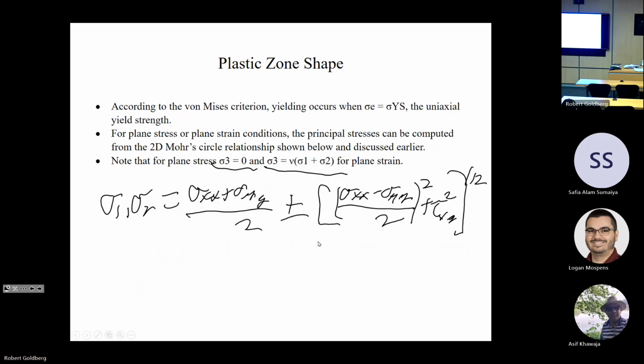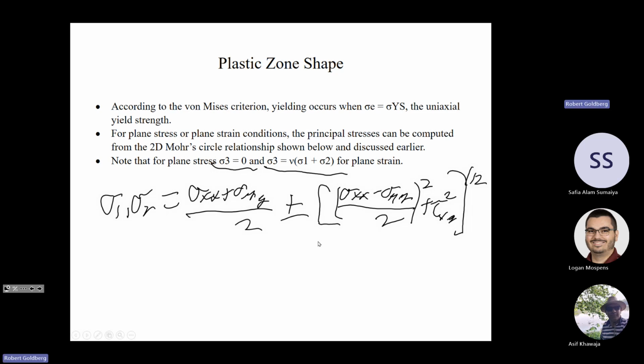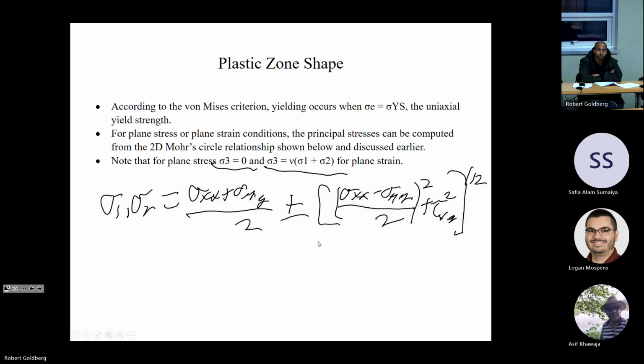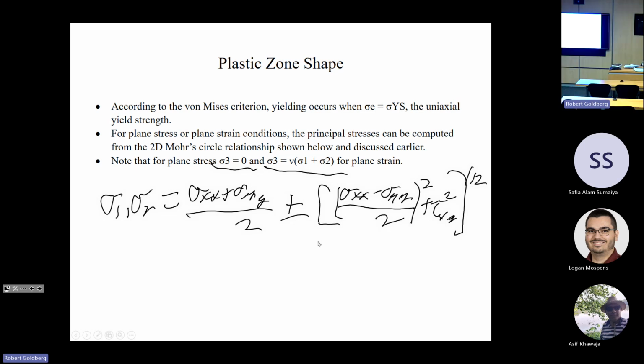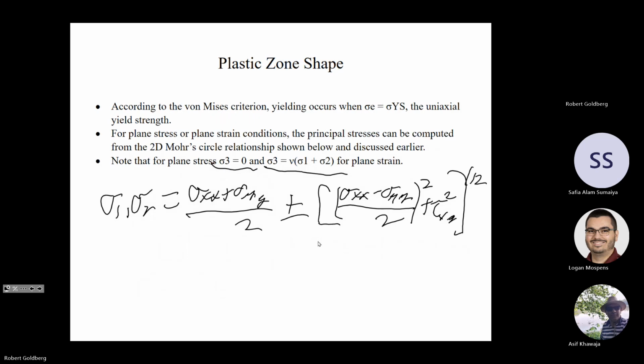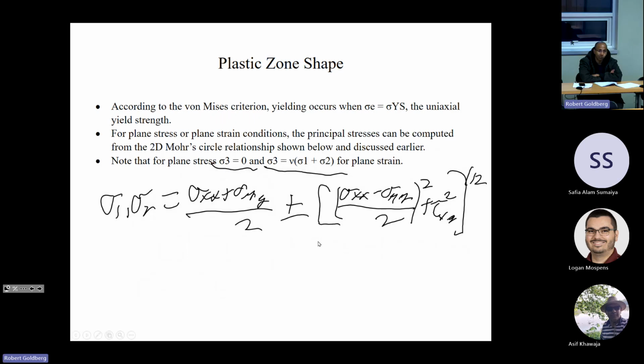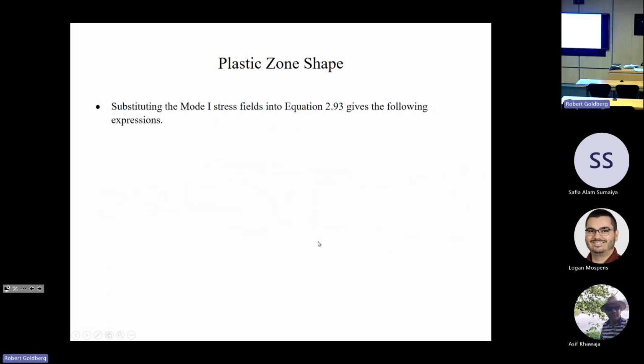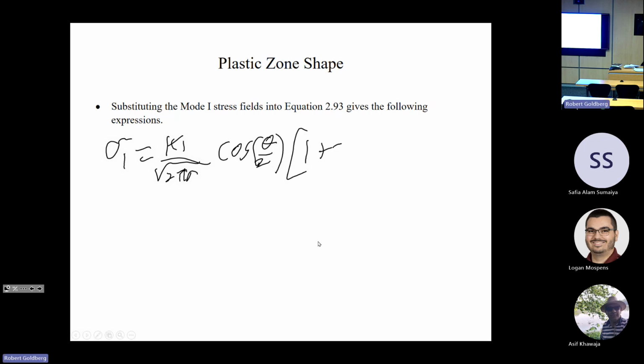So if we take our mode 1 stress fields from our table and plug them into this equation, and do all the math, we end up with sigma 1 equal to K1 divided by the square root of 2 pi times the radius, times cosine theta over 2, times 1 plus sine theta over 2.